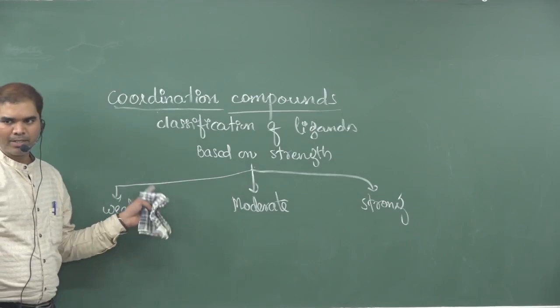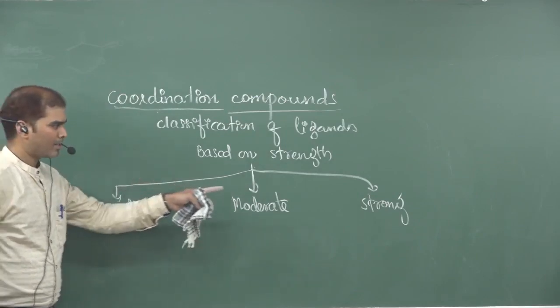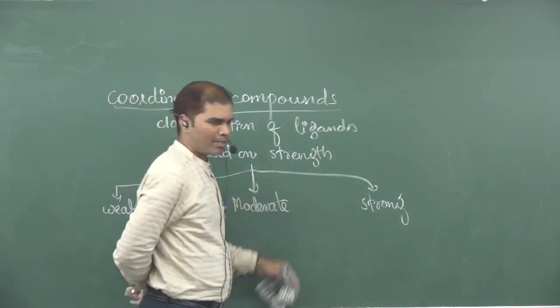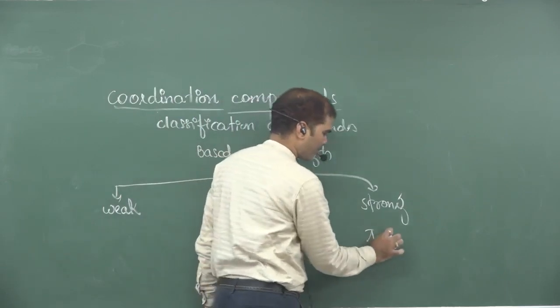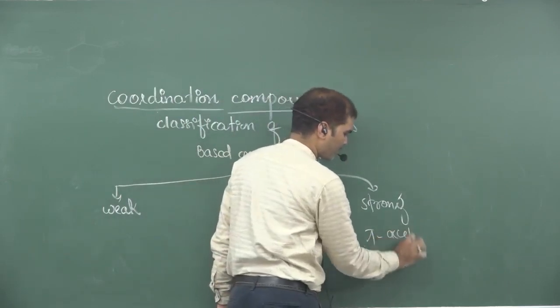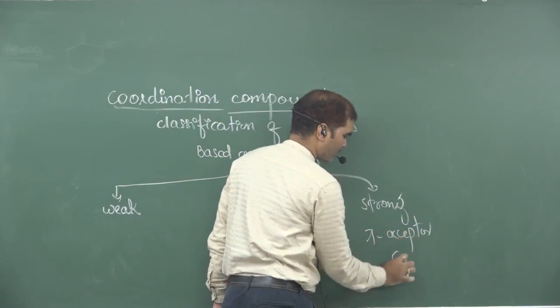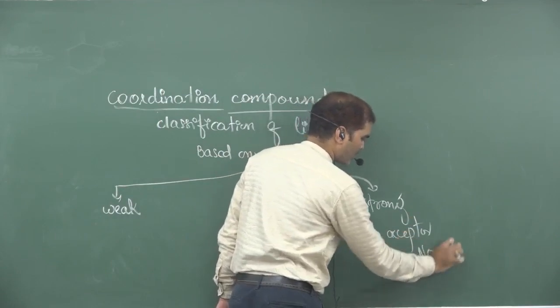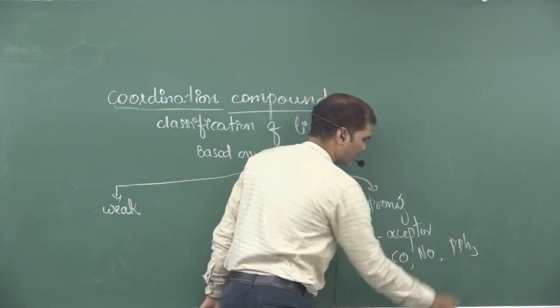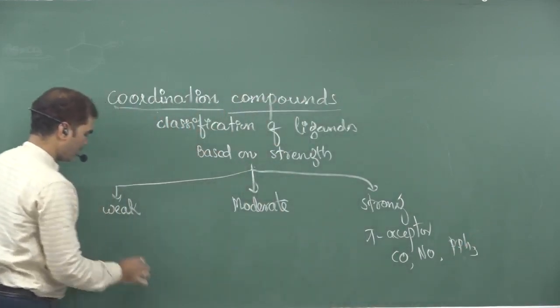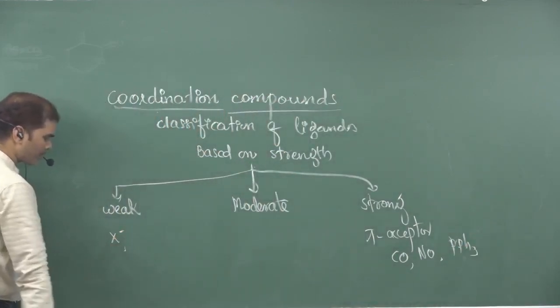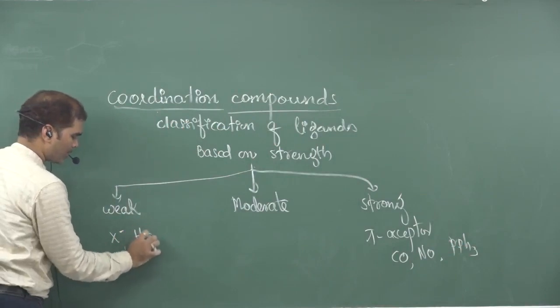Weak is known: halides are weaker. Strong is known: any pi acceptors. Pi acceptor ligands are stronger. Carbonyl, nitrosyl, phosphines, all those are stronger. Weaker are halides or aqua and so on.